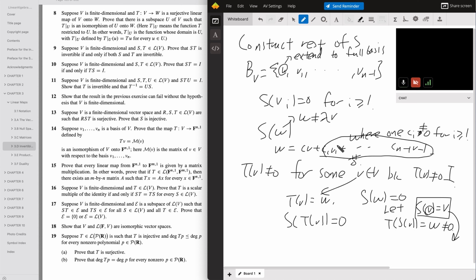Which means that this part gets mapped to 0 entirely, but this part gets mapped to cV.